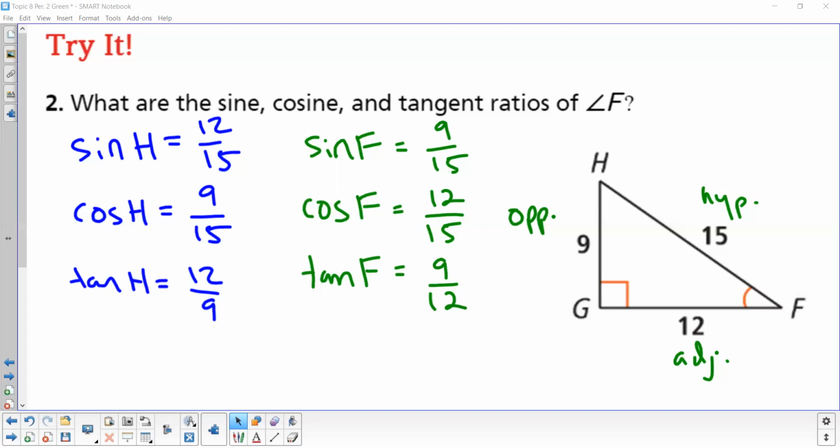On these calculators, you have to hit the degree first and then hit sine. Sine 40 and then close your parentheses. Thank you. One at a time. Click enter. Is that 0.64?